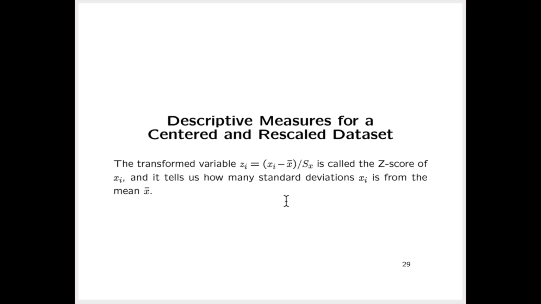And that type of distance, the number of standard deviations an observation is from the mean of that data set, is going to be a very important quantity that we're going to make use of in statistics and in this course in the context of hypothesis testing and things like that. So it's a very important quantity for us to know and understand and to know how to calculate.